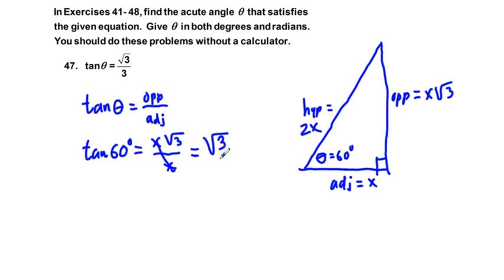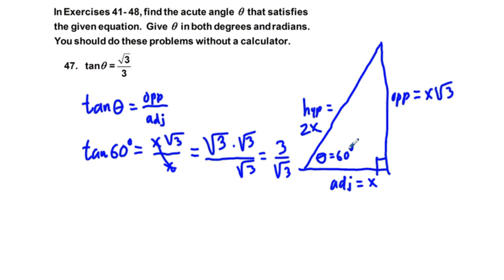Well, we want to find square root of 3 over 3. That's going to be less than 1. Here we have a value greater than 1. In fact, if we rationalized the numerator, multiplying by square root of 3 over square root of 3, we would get 3 over square root of 3. Well, we need square root of 3 over 3.